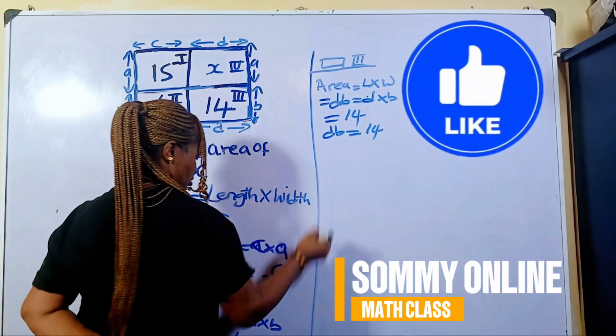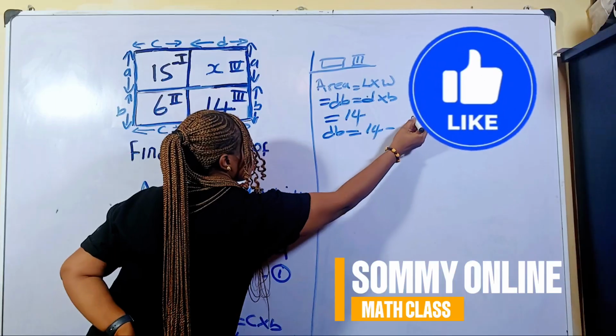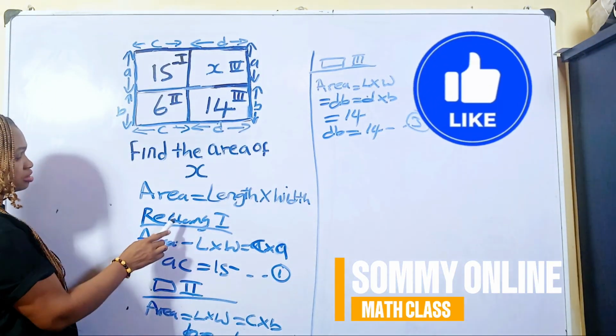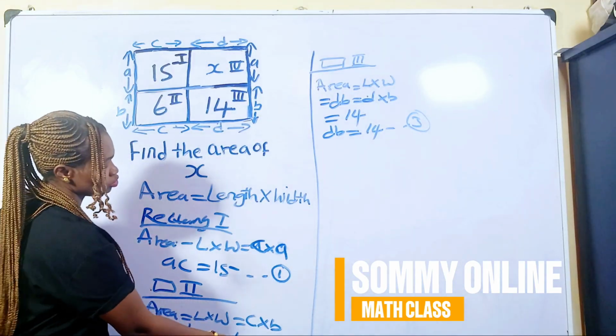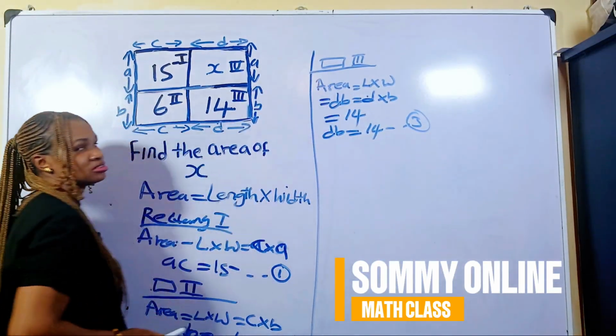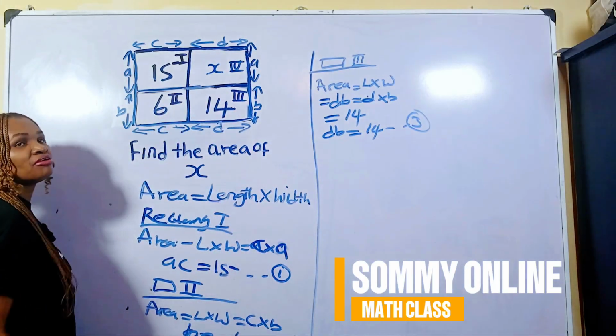Let's call this equation 3. If you notice, we've got equation 1, which is the area of rectangle 1, equation 2, the area of rectangle 2, and equation 3, the area of rectangle 3. So, let's get the area of rectangle 4.